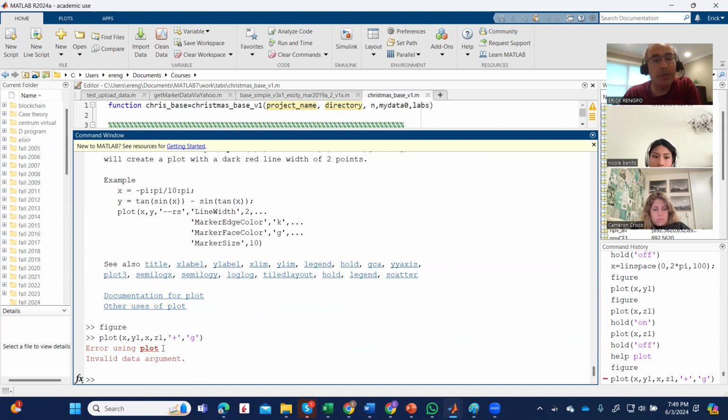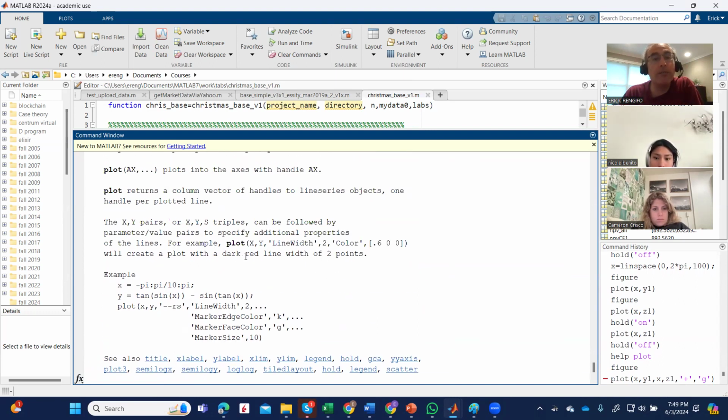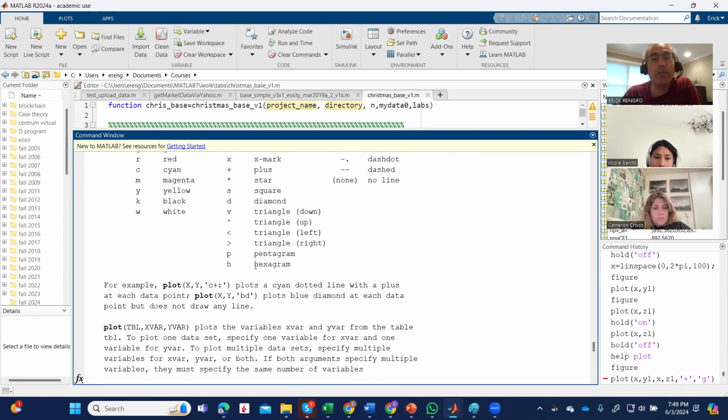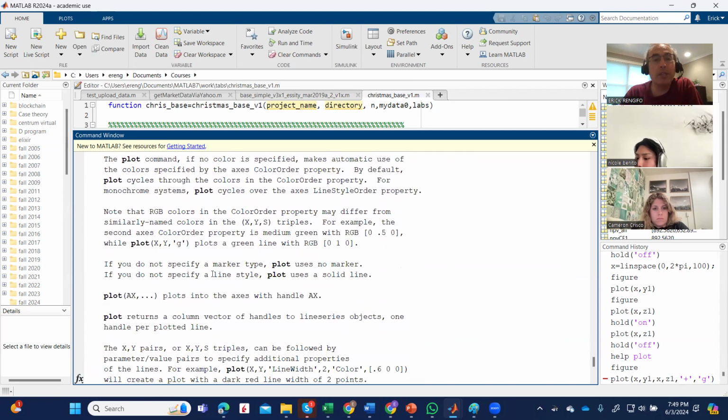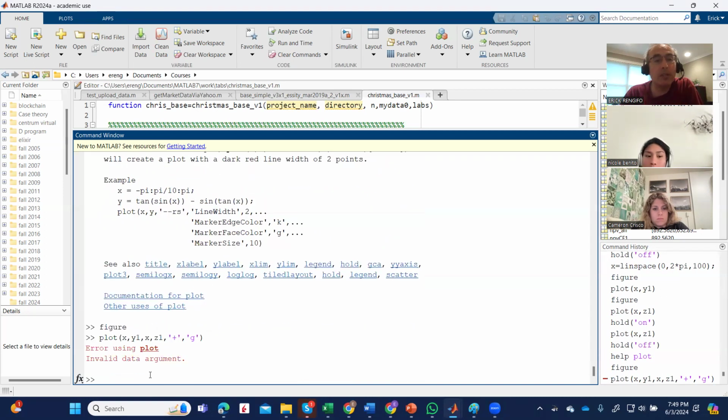So why it didn't accept? So X. Oh, I don't have the cross. Oh, yeah, I have the cross, and green. Okay, let me check first if I do this.